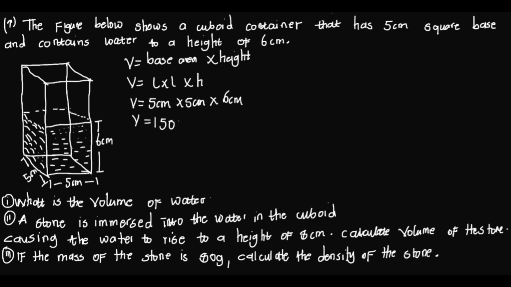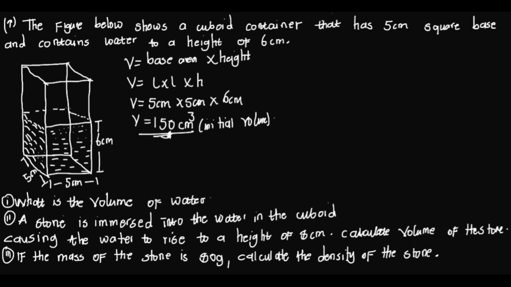Then centimeter times centimeter times centimeter is centimeters cubed. So this was the volume of water, and remember, this is what we call the initial volume, since it is the volume before the immersion of a stone.